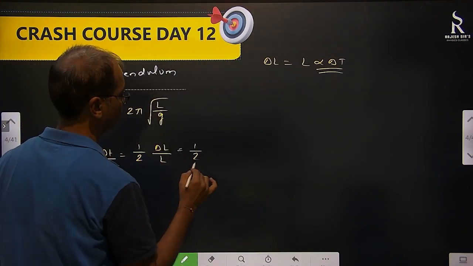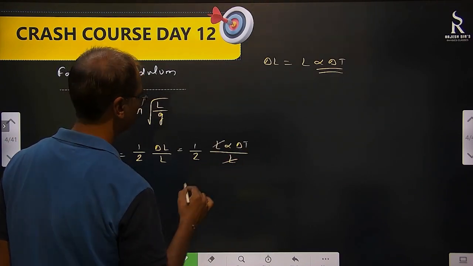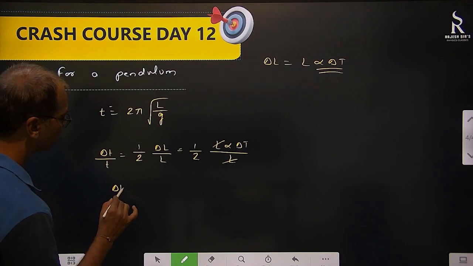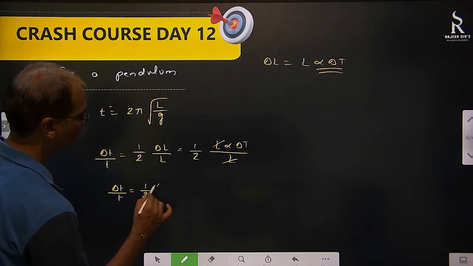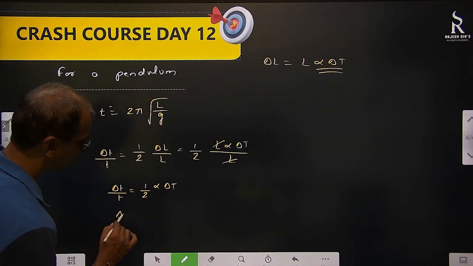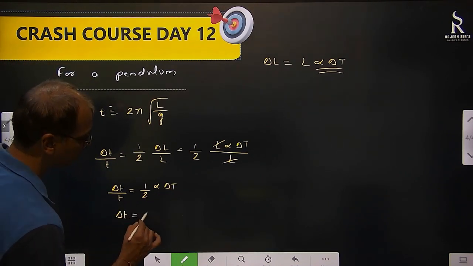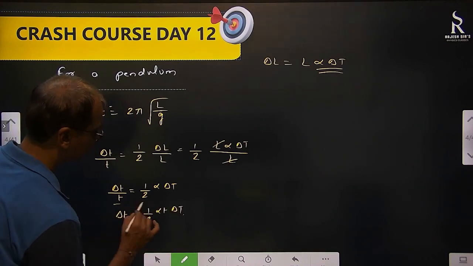This is half L alpha delta T by L, and L is cancelled. So delta t by t is equal to 1 by 2 alpha delta T. So if they want to know how much change in time period has happened, that is half alpha t delta T. That's all.